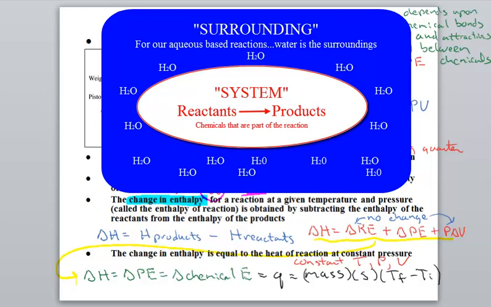When we do this experimentally, if we have surrounding water molecules, if we know the mass of that water, and we know the specific heat of water, that's given in our information packet, and experimentally, if we measure the initial temperature of that water and then the final temperature of the water, that'll tell us the heat flow that's coming from the chemical reaction.